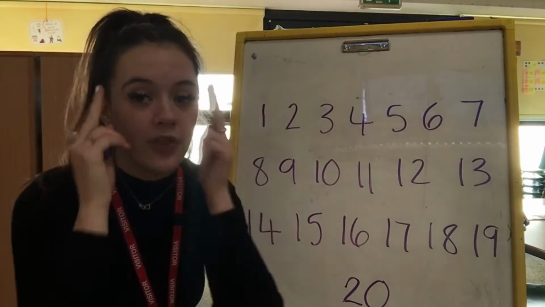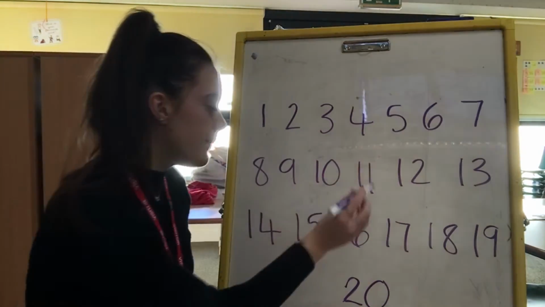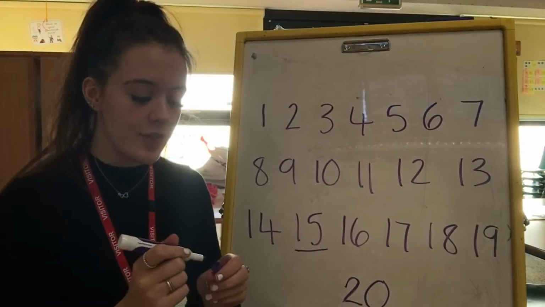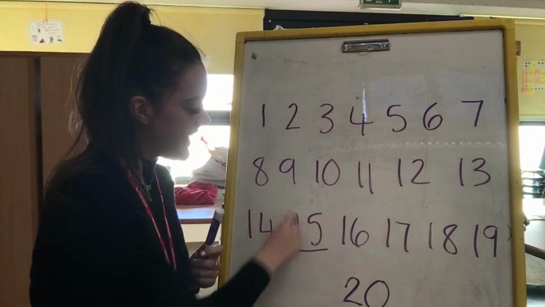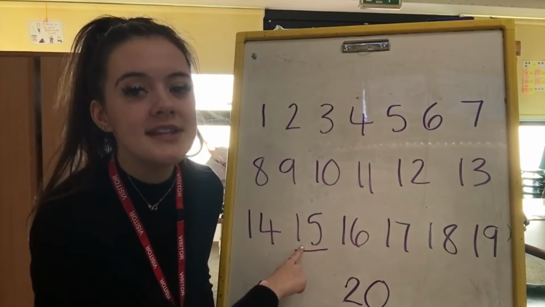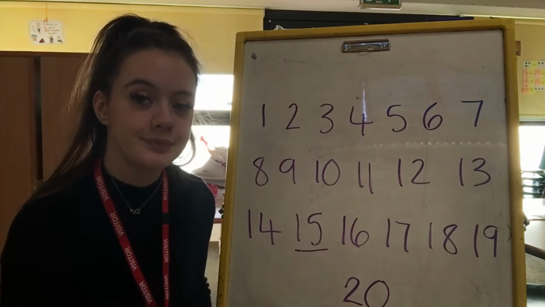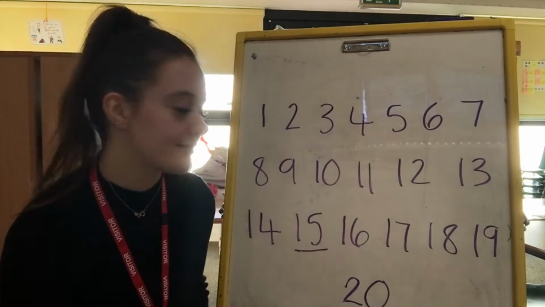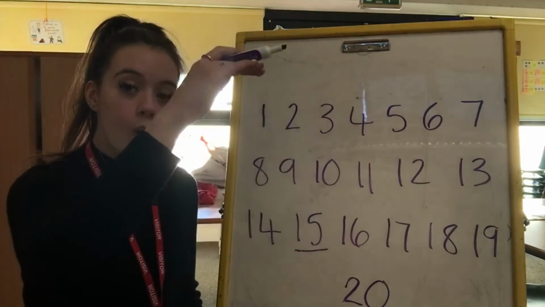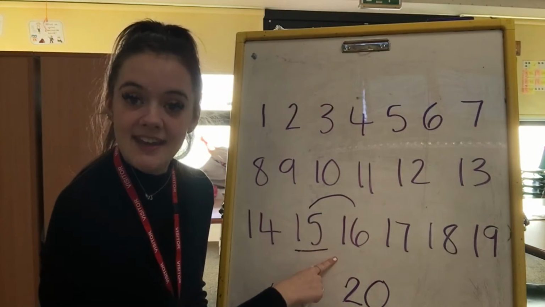Okay, so this time I'm going to give you one and I want you to have a go on your own using your thinking fingers and telling your adult what you think it is. So our number I'm going to pick is 15. What is one more than 15? You tell your adult. Amazing. One more, which is going up, getting bigger, would be 16, wouldn't it?